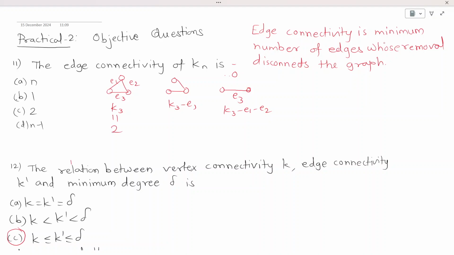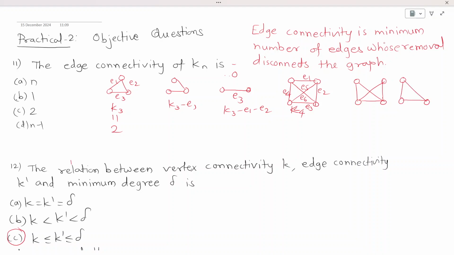Now I am calculating the edge connectivity of K4. So let us draw K4. This is E1, E2, E3, E4, E5, E6. If I remove E1, then K4 minus E1 will be like this. This is not a disconnected graph. Now I am removing E2 from this graph.